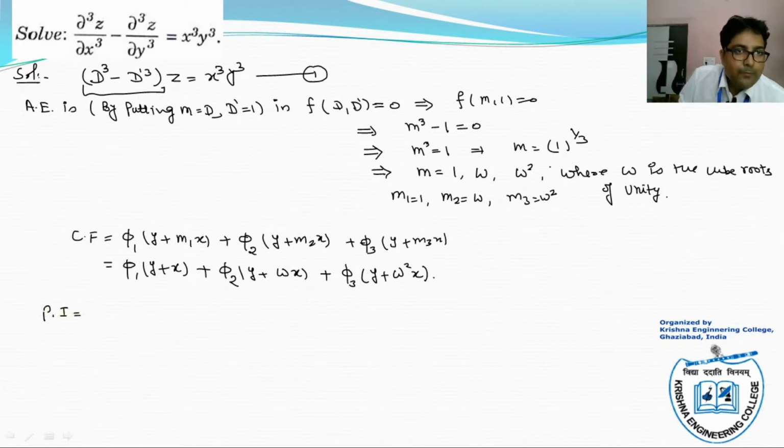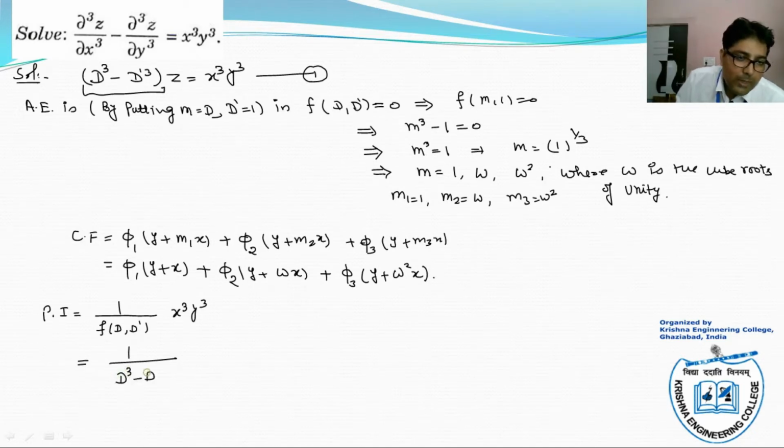PI is 1 upon f of D, D dash into x cube y cube. So this is 1 upon D cube minus D dash cube, where D dash means derivative with respect to y, x cube y cube. Clear? Here the powers of x and y are equal, so we can take the common D or D dash.